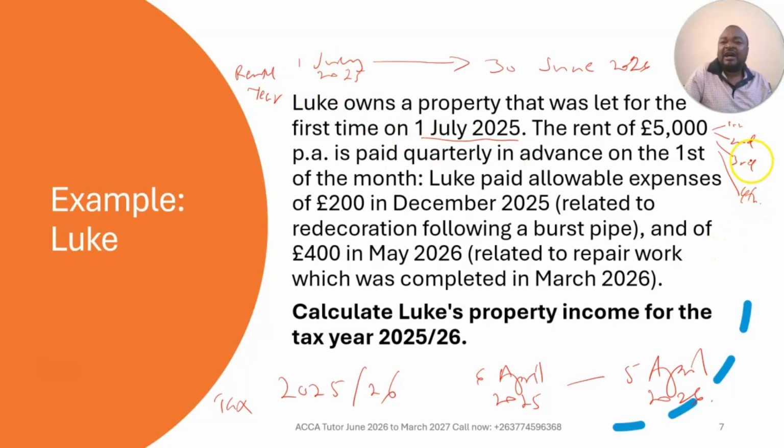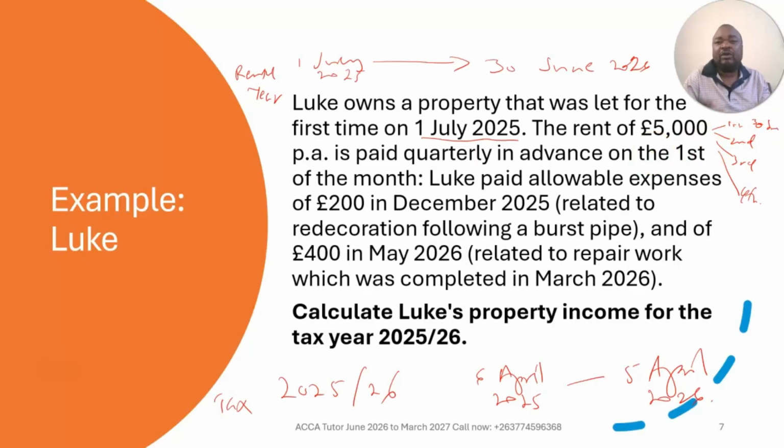Why? Because the first quarter started from 1 April and ended on 30 June. So the first quarter was consumed. The first quarter ended 30 June. That is April, May, June.